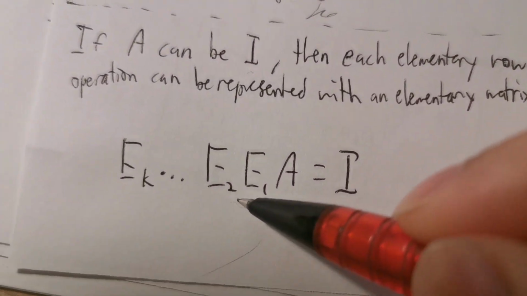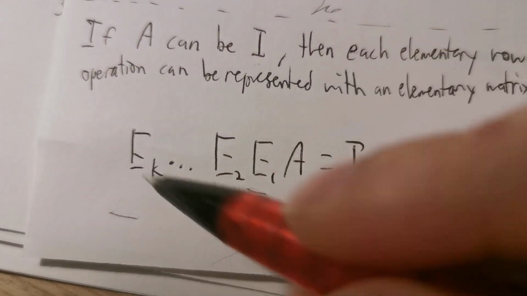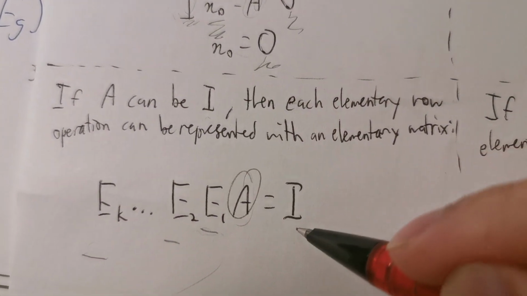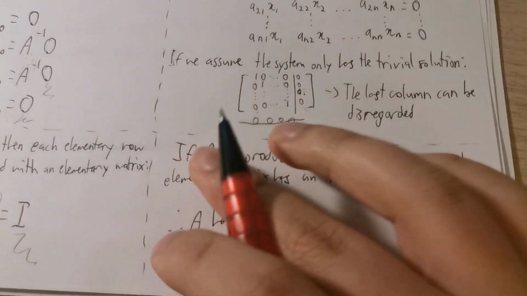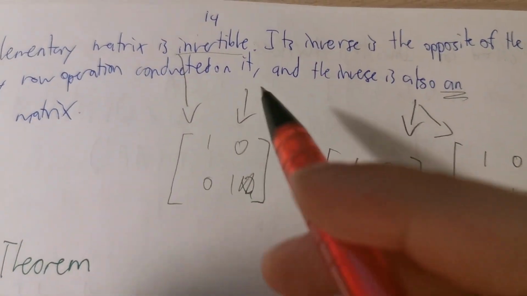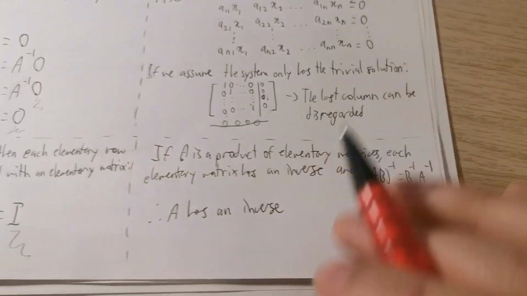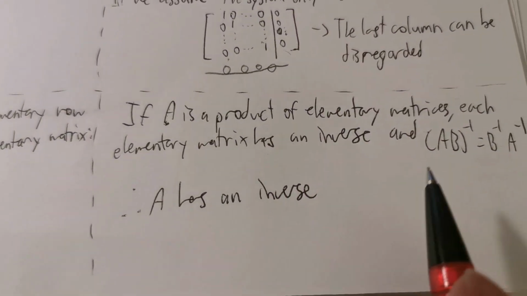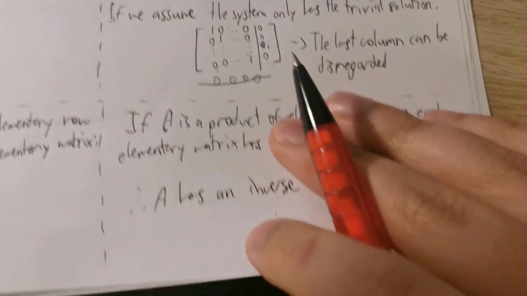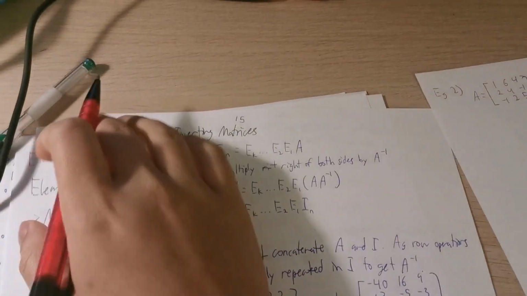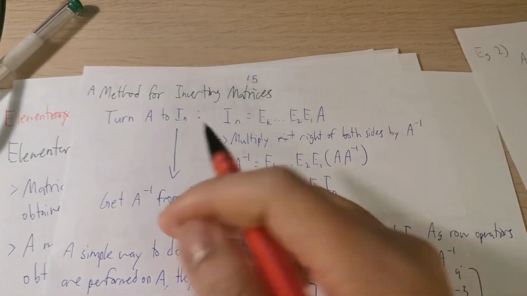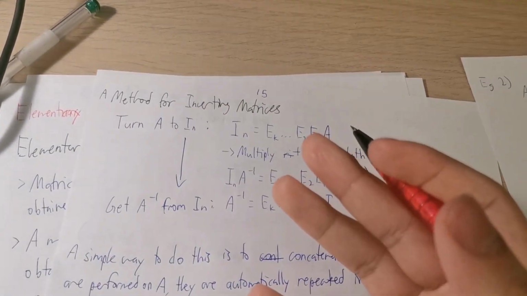So by multiplying a bunch of elementary matrices, it's the same as doing a bunch of elementary row operations to A to create that identity matrix. And lastly, if A is a product of a bunch of elementary matrices, as we set up here, each elementary matrix is invertible, and thus if you go backwards, A can be inverted, which is explained further on the next page, where we talk about a method for inverting matrices, right?